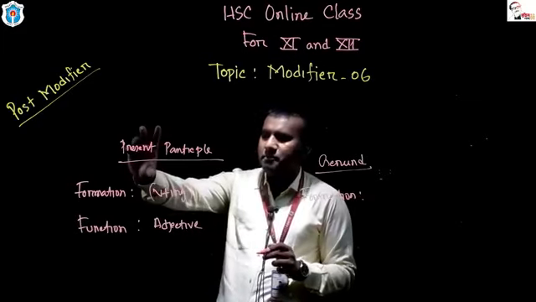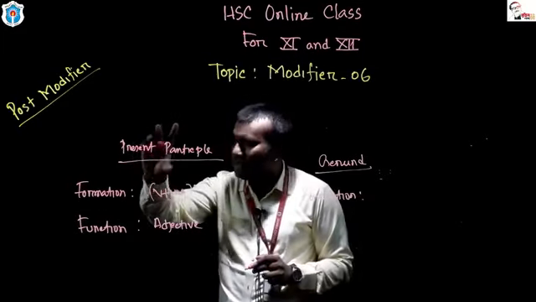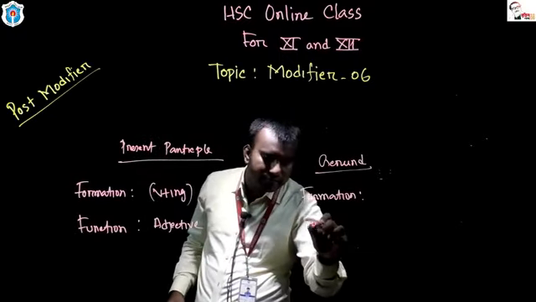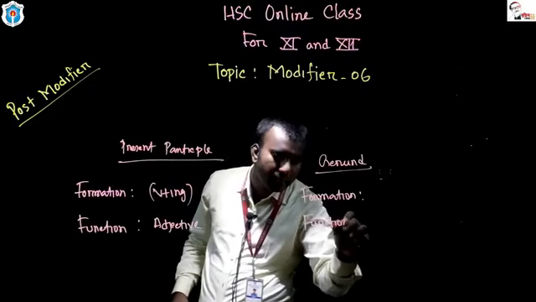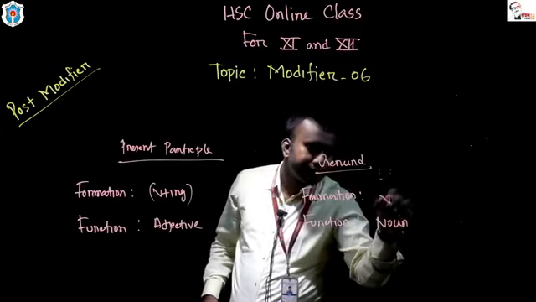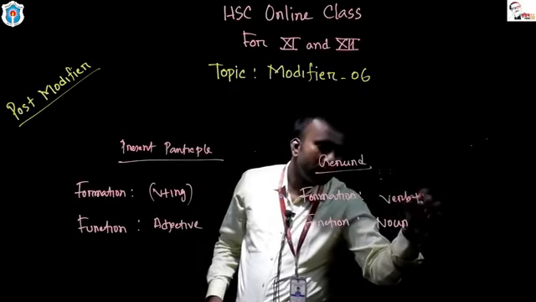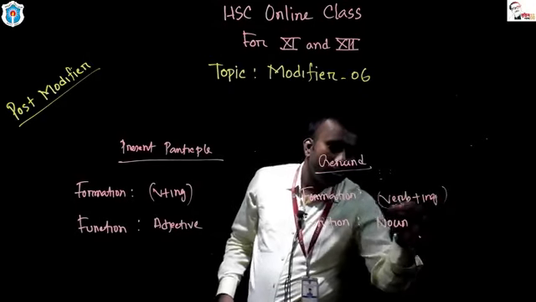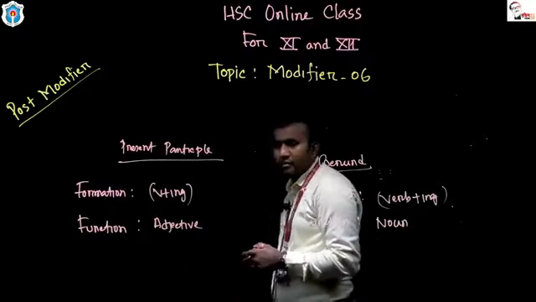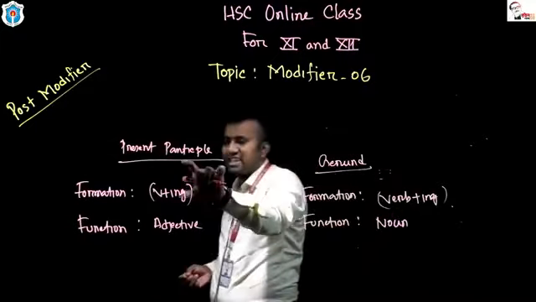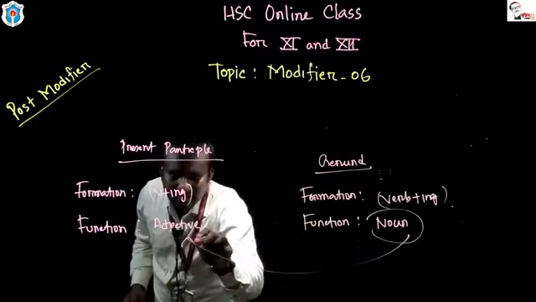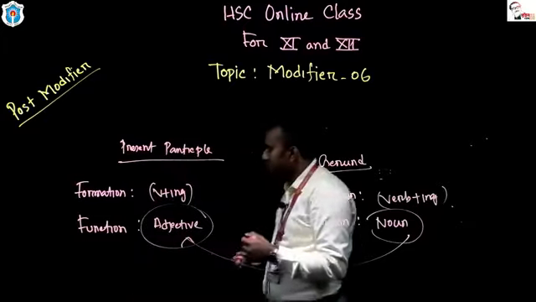I haven't rubbed out present participle because this one is important to learn gerund. Formation, function. Try to match these two parts. Verb plus ing, adjective, noun. This is the difference. Look at this, student. Is it clear?